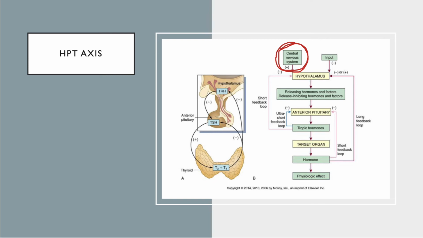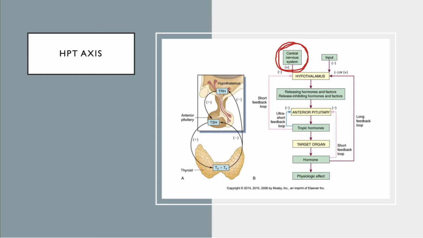But it can't just stop there, because we would end up hyperthyroid if that was the only part of it. What would be stopping the hypothalamus and the pituitary gland from sending out signals for more T3 and T4? There's no negative feedback loop in that scenario. So let's add that negative feedback loop.